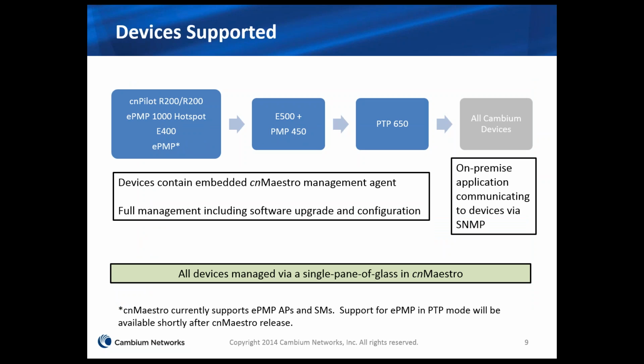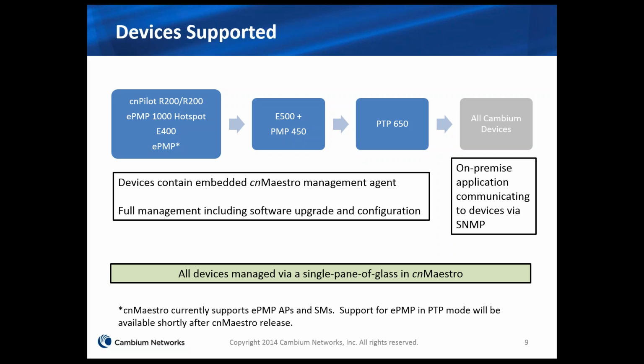The first box at the top shows the first set of devices that are supported, and that includes the home and small office cnPilot R200 and R201 Wi-Fi access points, the ePMP 1000 hotspot for outdoor coverage, and the E400, our first indoor enterprise Wi-Fi access point.